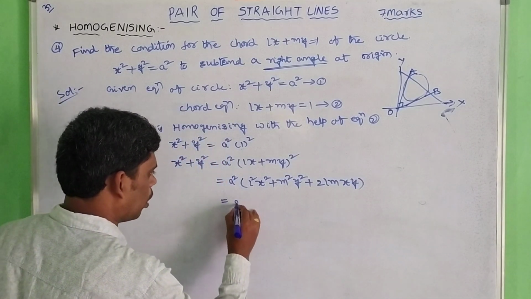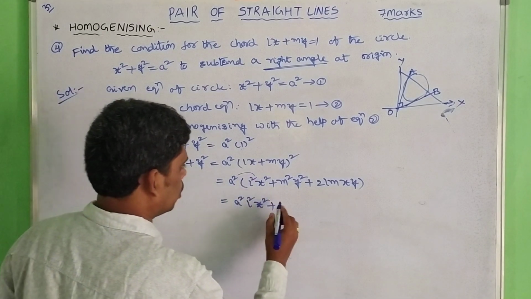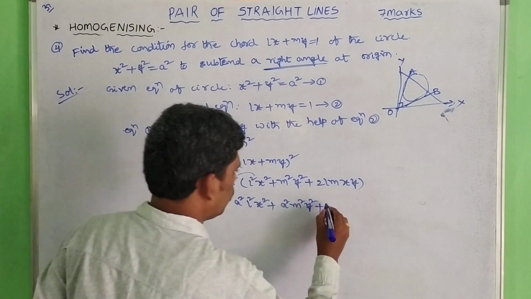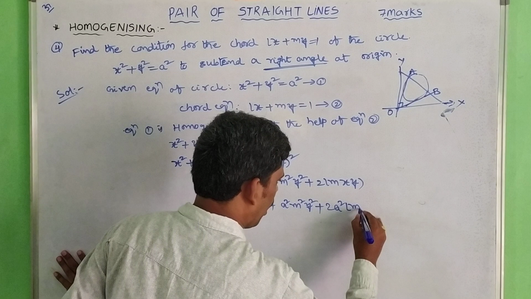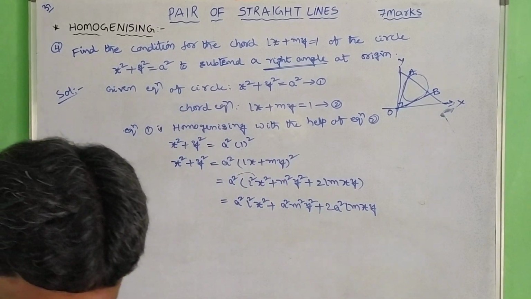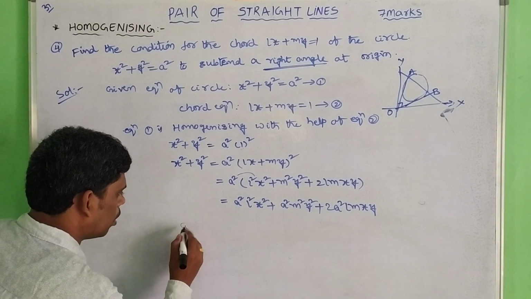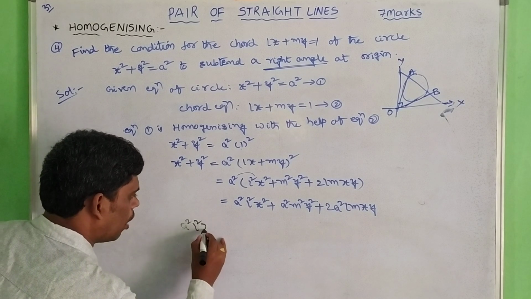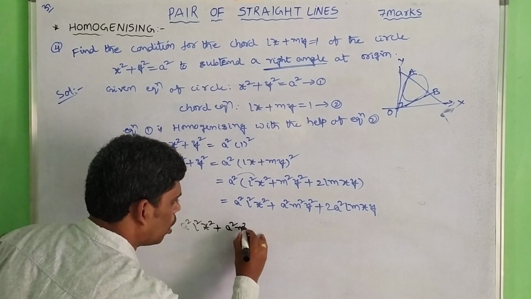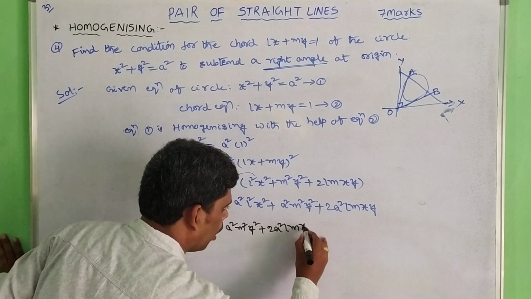Multiply with a square: a square l square x square plus a square m square y square plus 2a square lmxy.